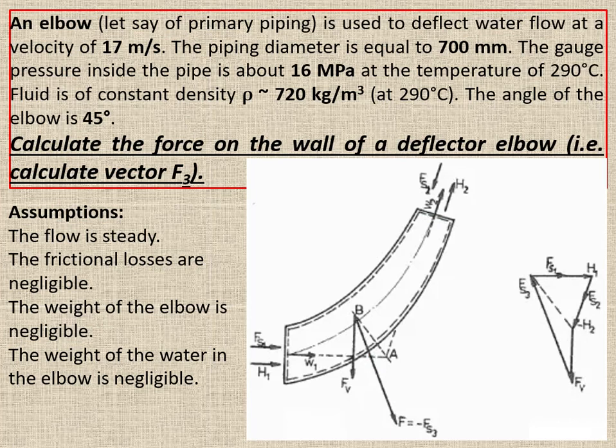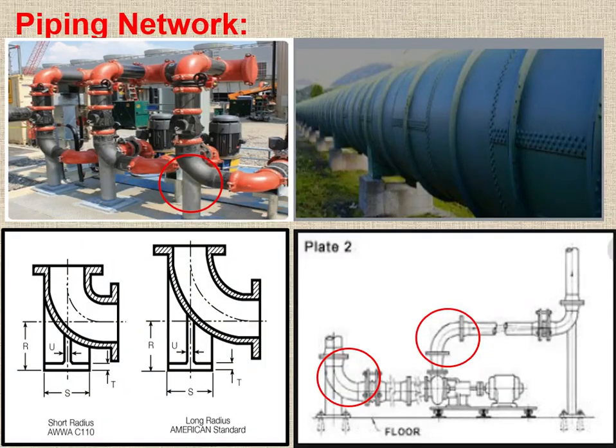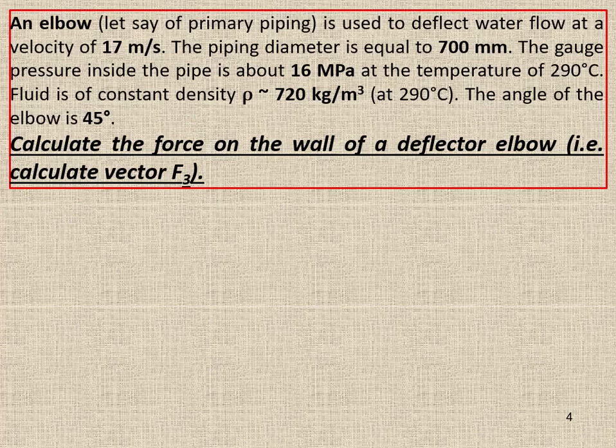Now we are going to solve a problem for the bend. It is written: an elbow of primary piping is used to deflect water flow at a velocity of 17 meter per second.